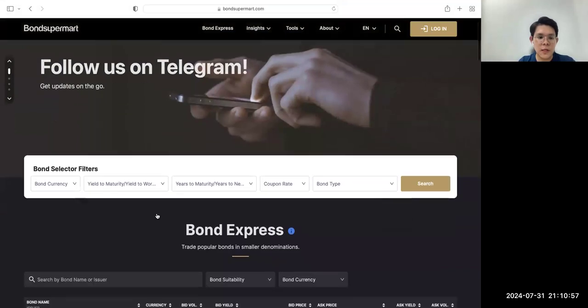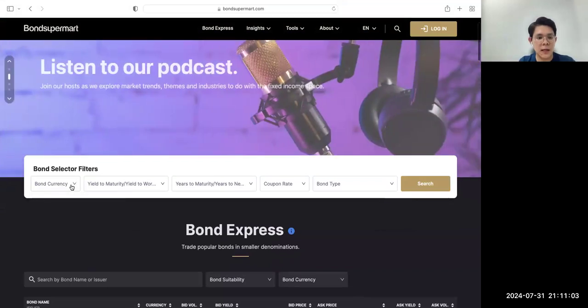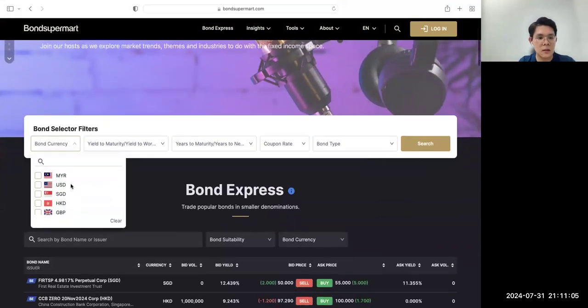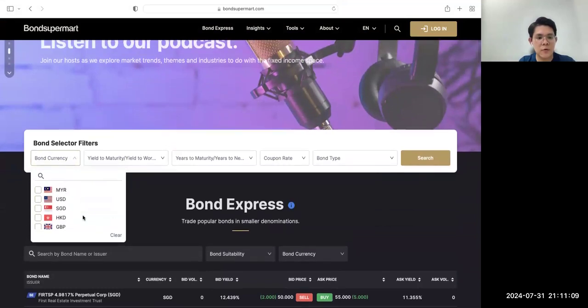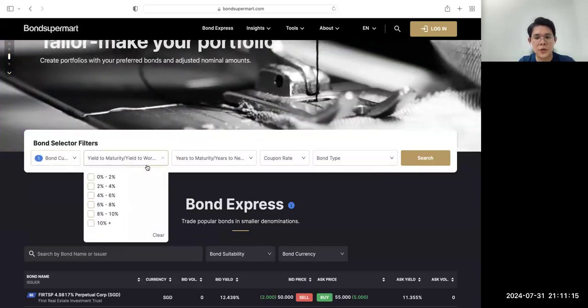Here you can select your filters. For example, if you look for a Malaysia bond, you can just select Malaysia. And then for the yield to maturity, maybe you want to select 2 to 4%.